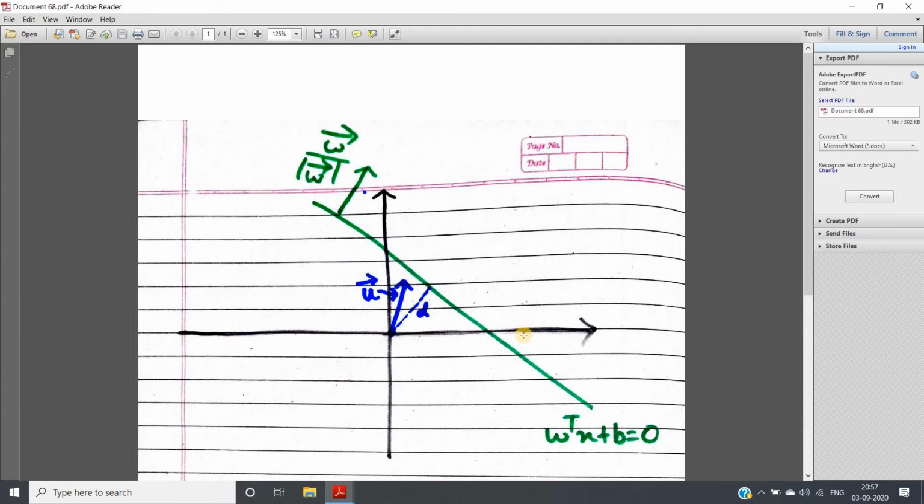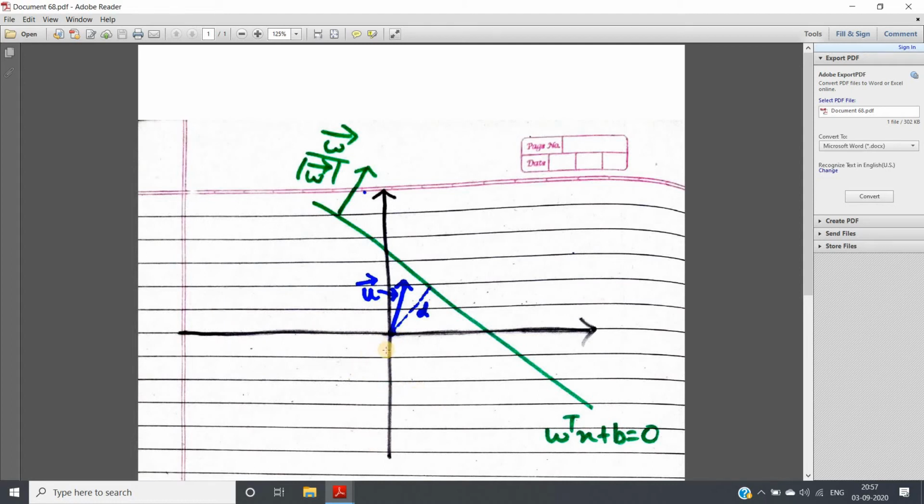For that, we can take the projection of u vector in the direction of the perpendicular of the linear separator. Whatever value we get after applying the projection, if it is less than d, then obviously the point belongs to this side, the negative class.